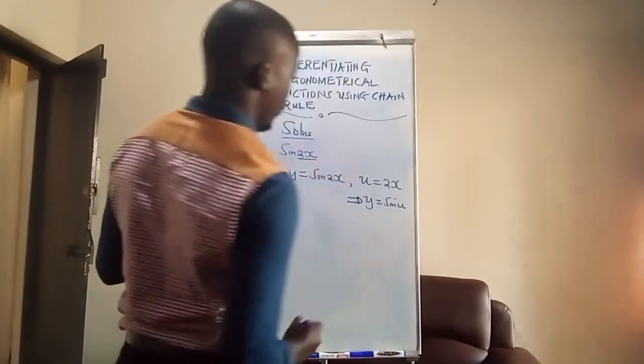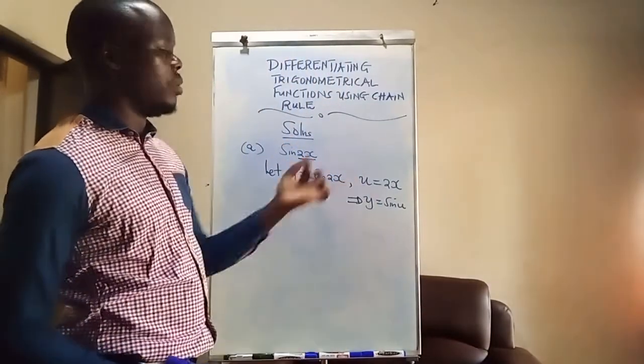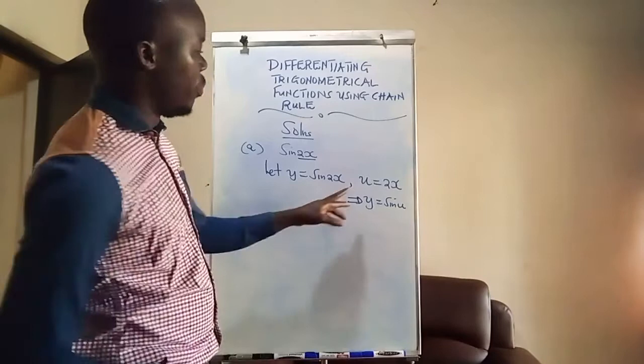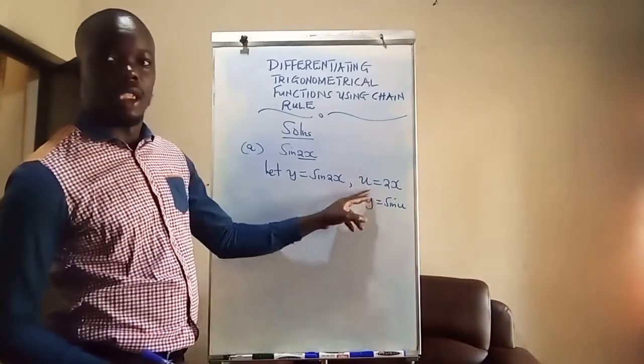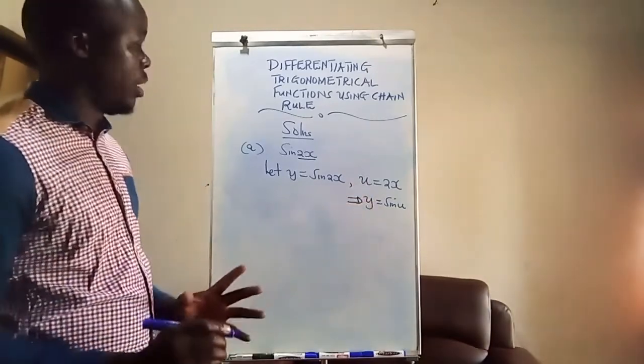Why have I said sine of u? Because I've called 2x to be u. Now I'm going to differentiate each of these functions independently, then I apply the chain rule later.